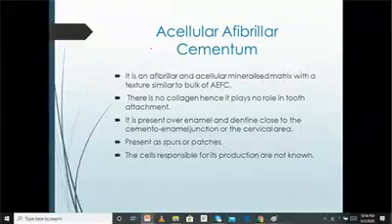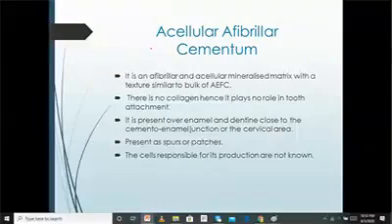The primary cementum has extrinsic fibers coming from the PDL, and they are perpendicular to the root surface, whereas the secondary cementum has fibers coming from cementoblasts. They are entirely intrinsic in origin, and they are parallel to the root surface. The intrinsic fibers are uniformly mineralized.